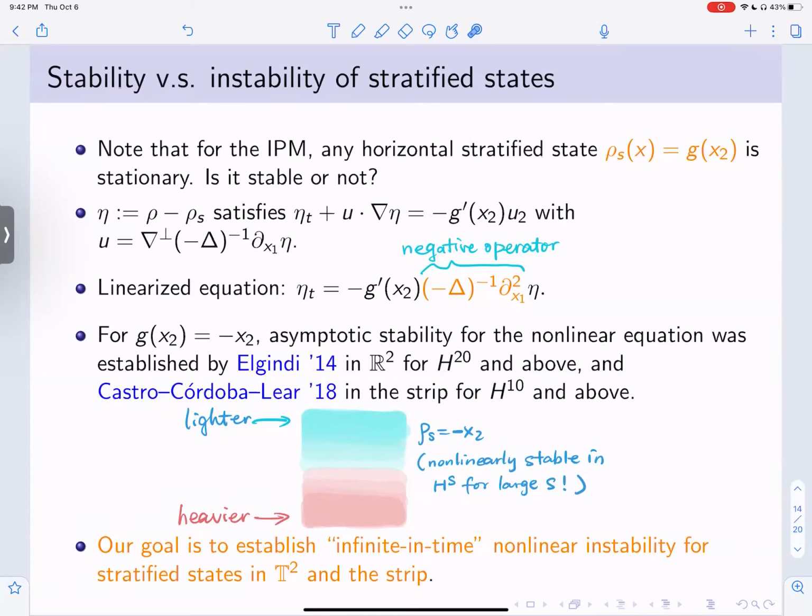Okay, so in our results, we would like to look at the other direction, which is the direction of nonlinear instability. And not only do we want this nonlinear instability to hold for a short time in this linear regime, but we also want to have some kind of infinite in time nonlinear instability, which still continues to hold even after the solution has entered the fully nonlinear regime.